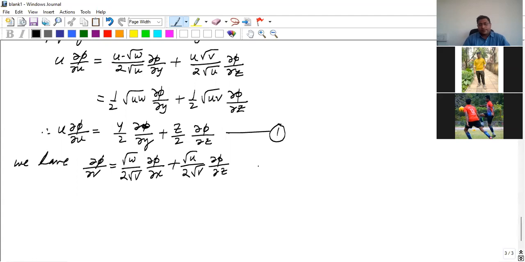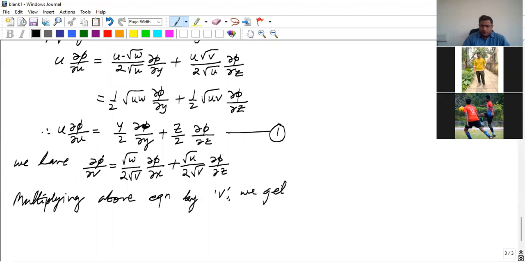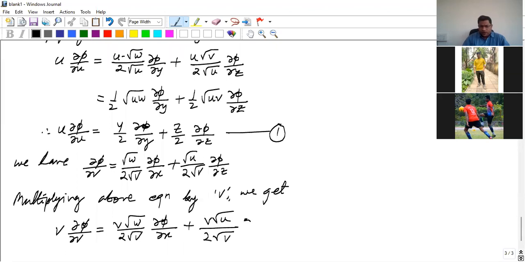Now multiply this by v. So multiplying the above equation by v, we get v ∂φ/∂v equal to v into root of w by 2 root of v ∂φ/∂x plus v into root of u by 2 root of v ∂φ/∂z.